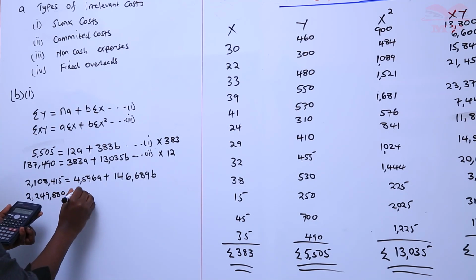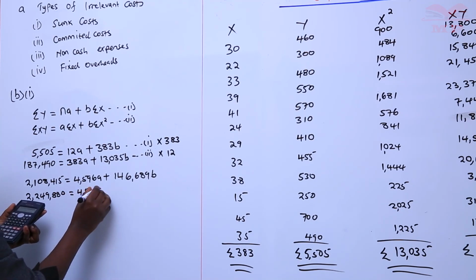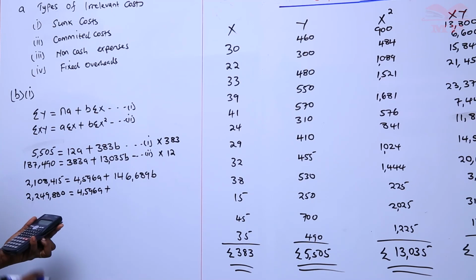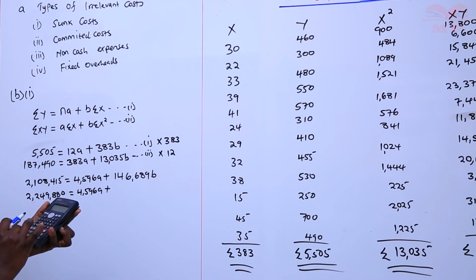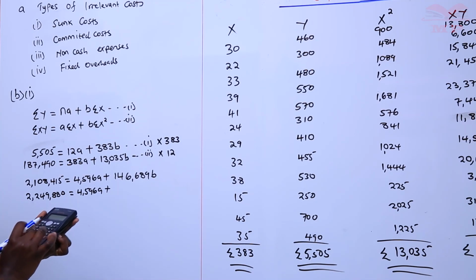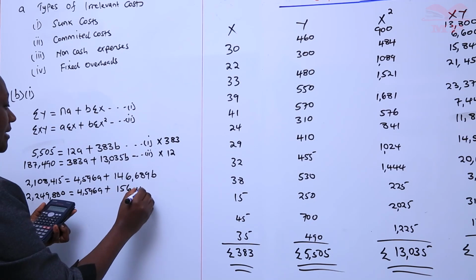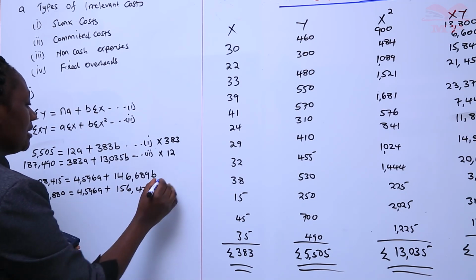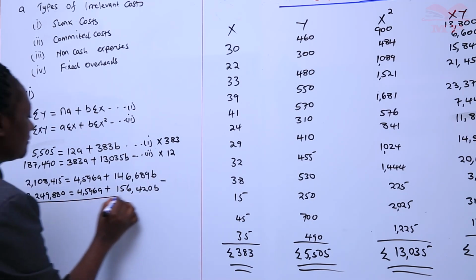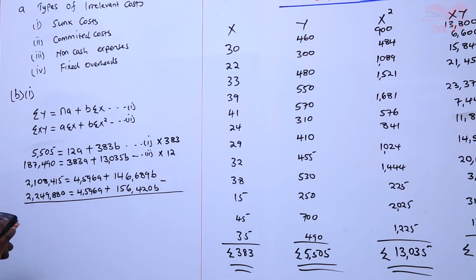That will give us 4,596a plus 12 multiplied by 13,035. This will give us 156,420b. So from here we simply subtract, and when we subtract, this is what we will get.